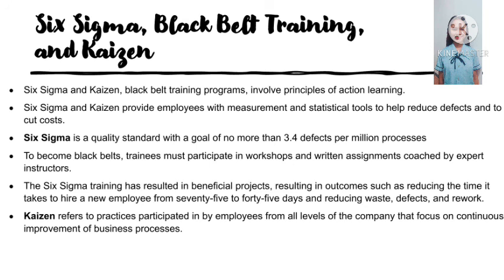Six Sigma is a quality standard with a goal of no more than 3.4 defects per million processes. Six Sigma ay yung quality standard na naglilimit sa 3.4 defects per million process. To become black belts, trainees must participate in workshops and written assignments coached by expert instructors.